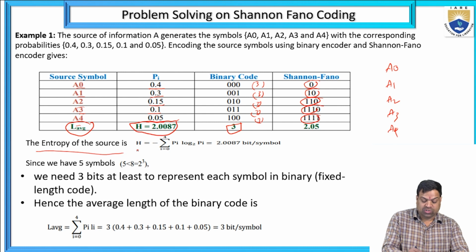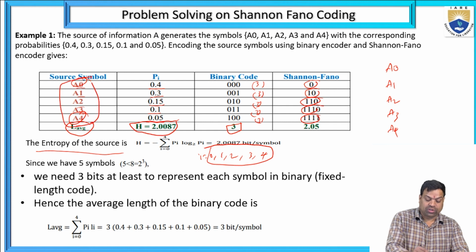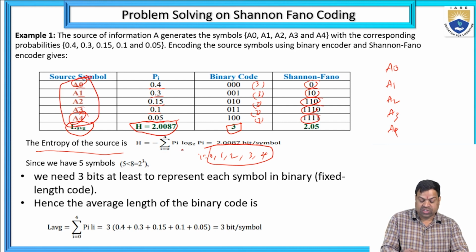The entropy of the source is H equal to minus the summation over i equal to 0 to 4, that is i equal to 0, 1, 2, 3, 4, corresponding to A0 to A4, of Pi log2 Pi, which is equal to 2.0087 bits per symbol.